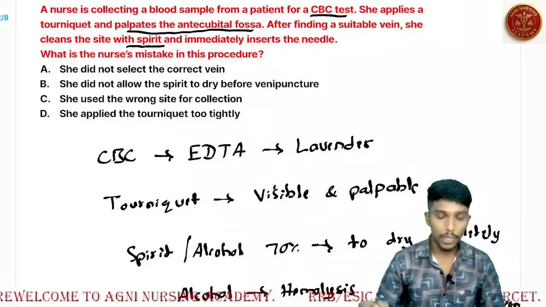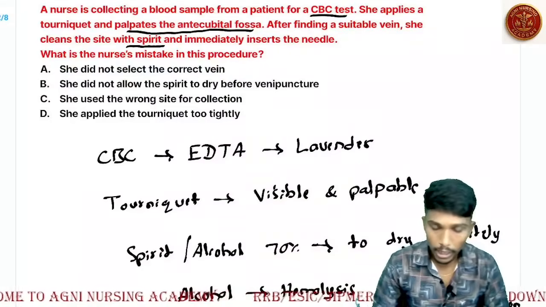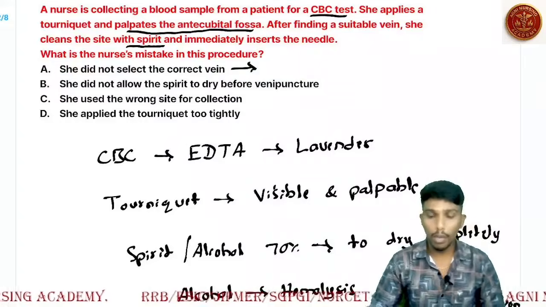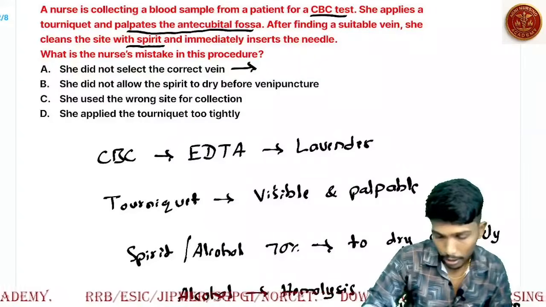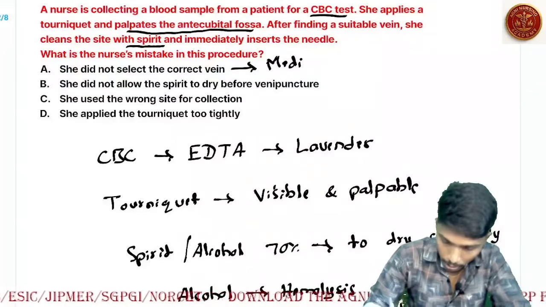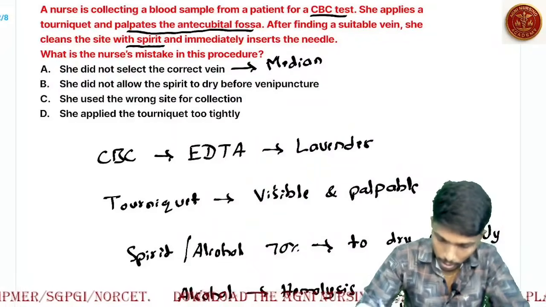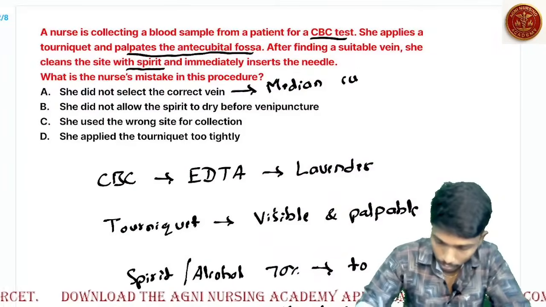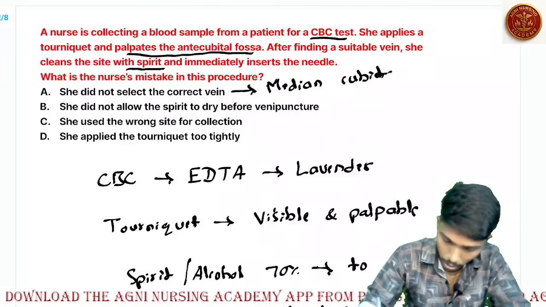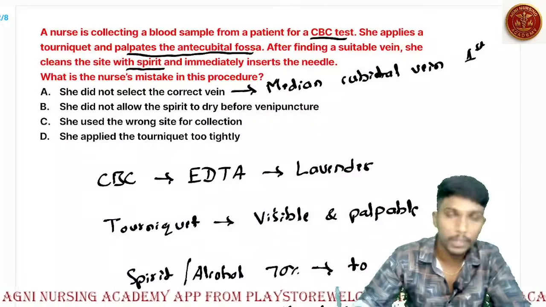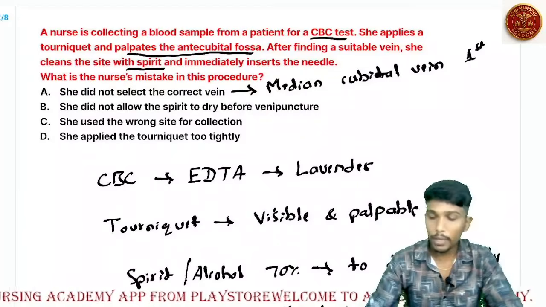Coming to option A, she did not select the correct vein. For venipuncture, we have to select the correct vein. For the sample, the medial cubital vein is the first priority for venipuncture.